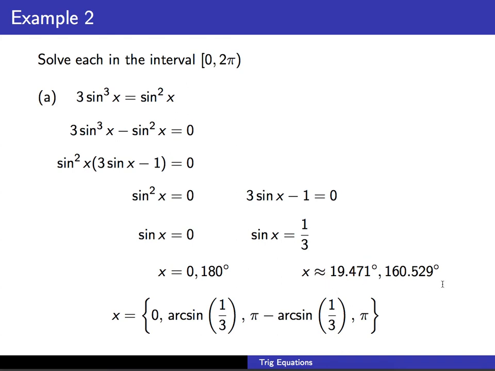So taking pi radians and subtracting the inverse sine of a third gives us 160.529 degrees, that approximation, as an exact value of pi minus the arc sine of 1/3, or 180 degrees minus 19.471 to get 160.529.